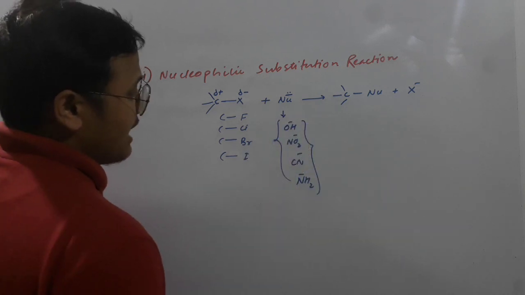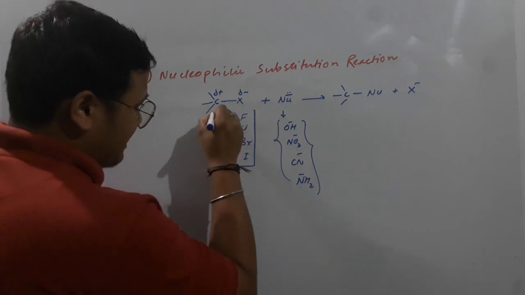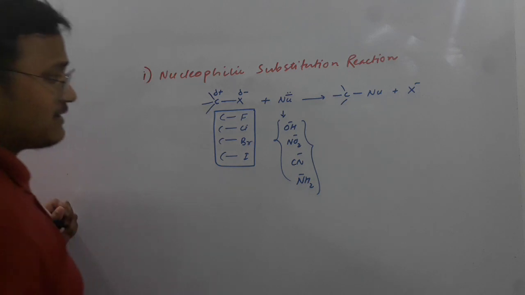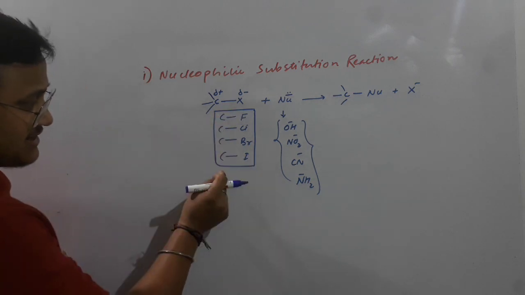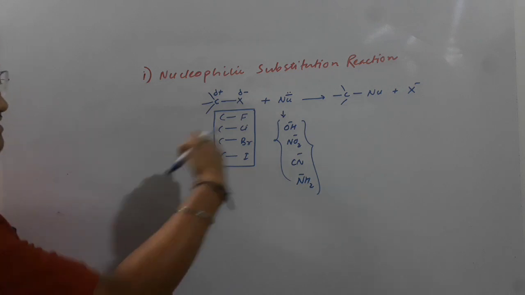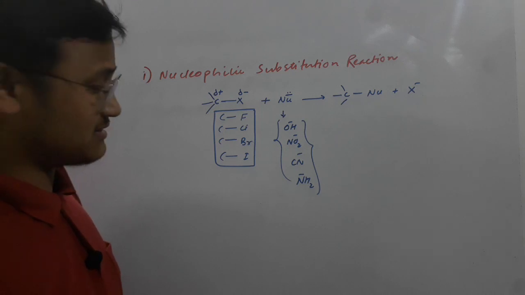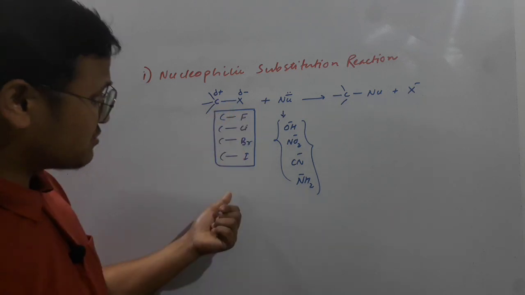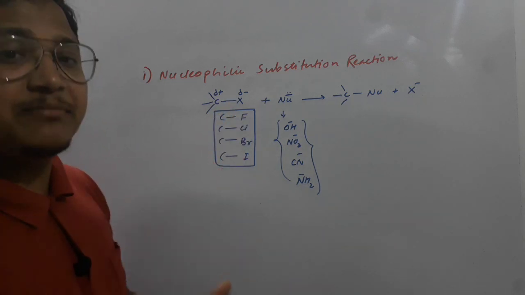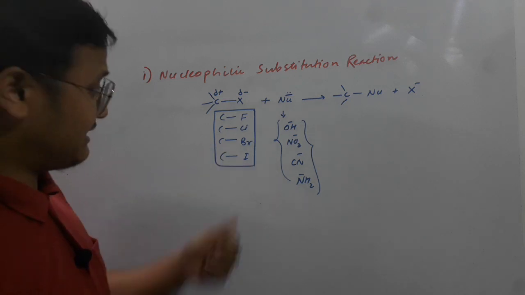All these halogens can be replaced by the different types of nucleophiles I am talking about. Now the question arises: if we have different types of alkyl halide bonds, in which cases will the bond be easily breakable, or in which cases will the reaction take place faster? The simple answer is that the bond that is easily breakable will make the reaction proceed faster.